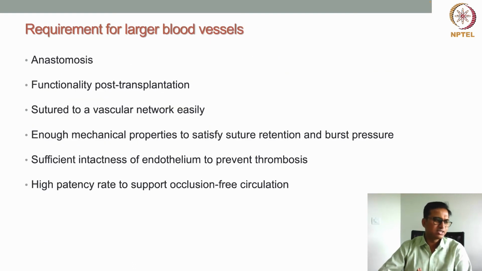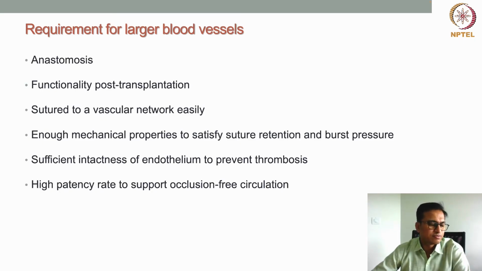So let us now understand the requirements for larger blood vessels. The first thing for larger blood vessels is anastomosis, which is the joining of the artificial blood vessels, in this case the printed, synthetic blood vessels, with the existing blood vessels.